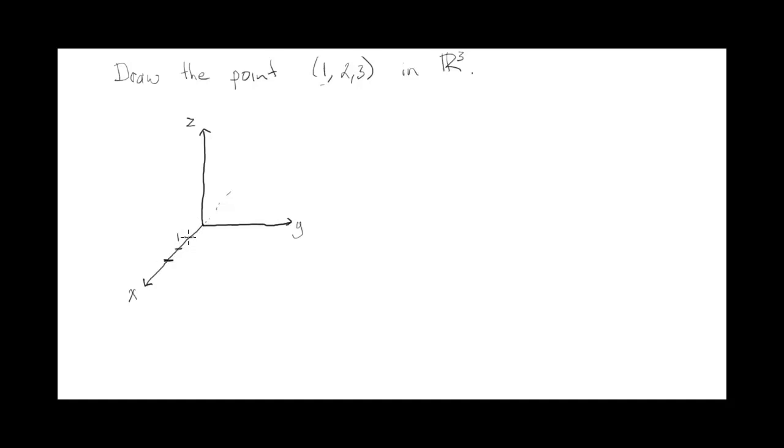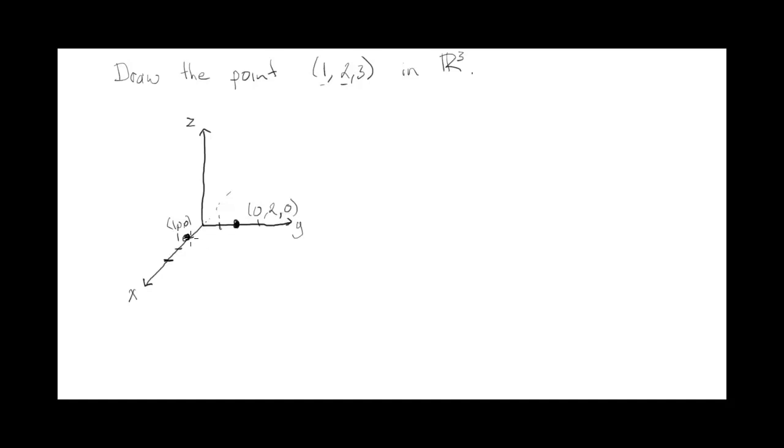So this point right here would be the point 1, 0, 0. Okay? And now I need y equals 2. If I put my scale on my y-axis, that's 0, 1, 2.